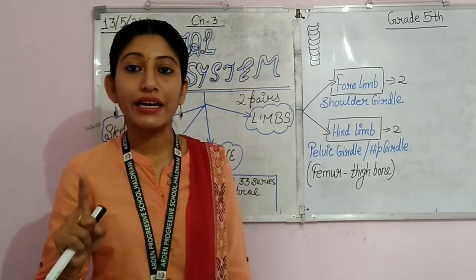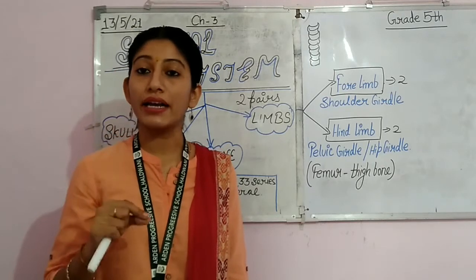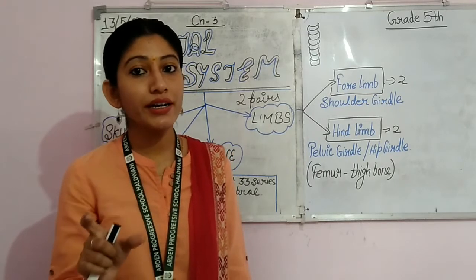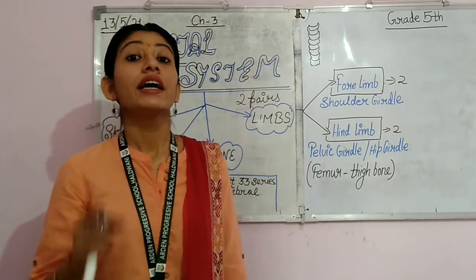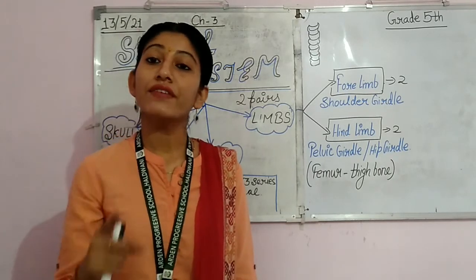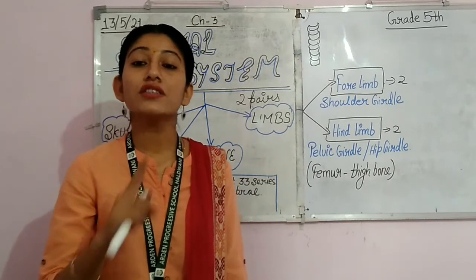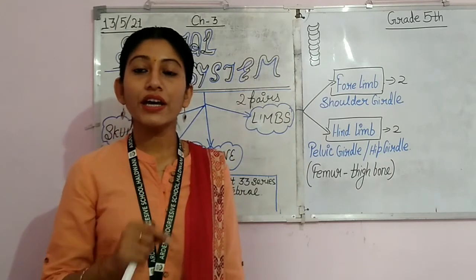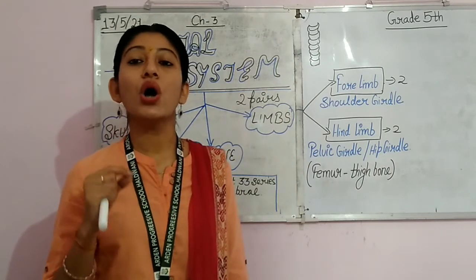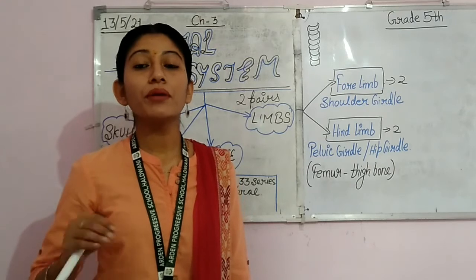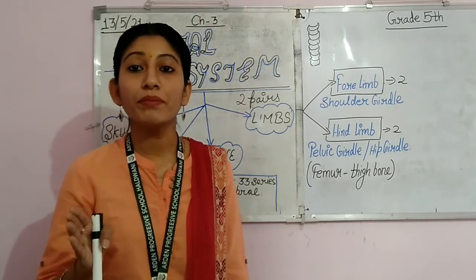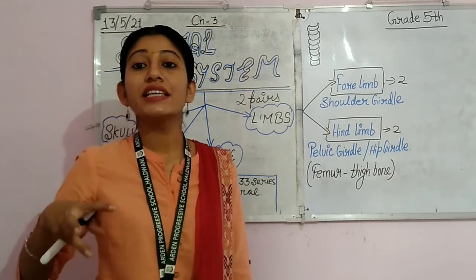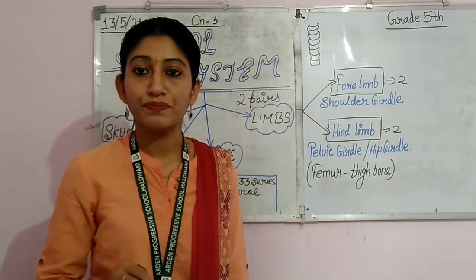So for connecting the forelimbs to the spine, we have a special type of girdle called the shoulder girdle, and for connecting the hind limbs to the spine, we have a special type of girdle called the pelvic girdle or hip girdle. Okay, then we come to know that we have one long bone in the human body called the femur or thigh bone, which takes the weight of the whole body.